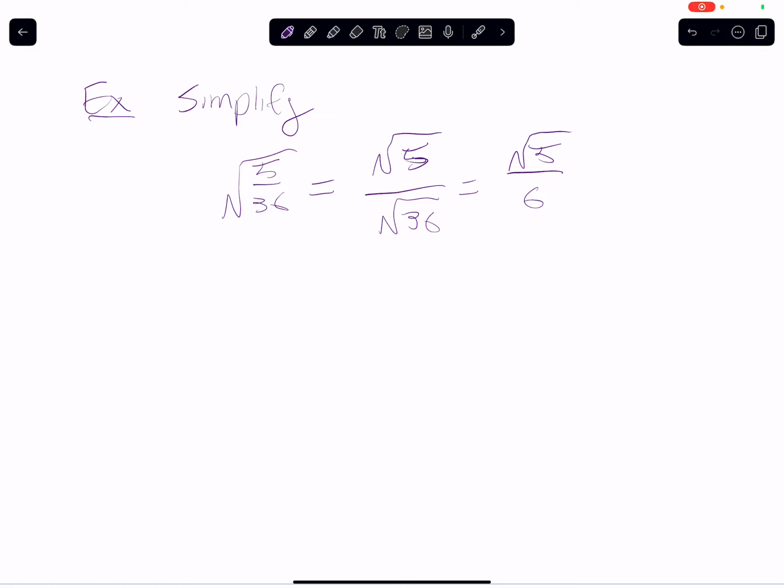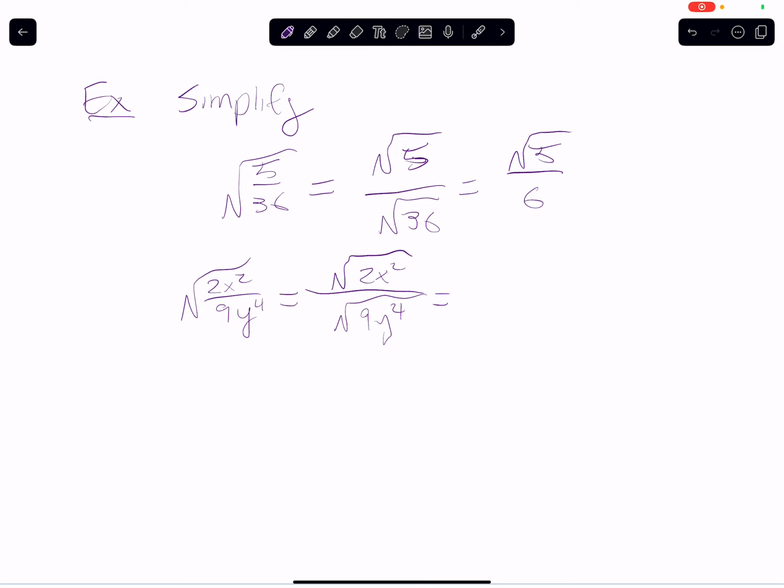Let's try another example. What if we start with 2x squared divided by 9y to the 4th? Again, what's our first step? We need to write it as the quotient of two radical expressions. So in the numerator, we get the square root of 2x squared, and in the denominator, we get the square root of 9y to the 4th. Are there any perfect squares in the numerator?